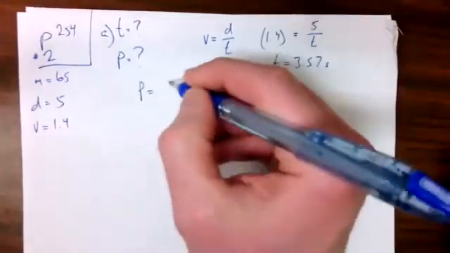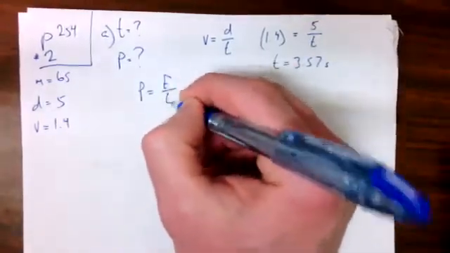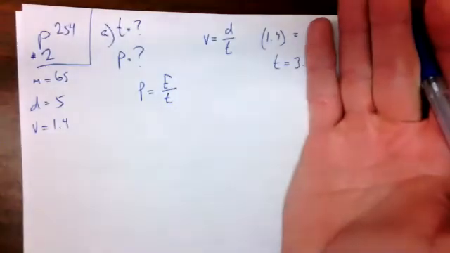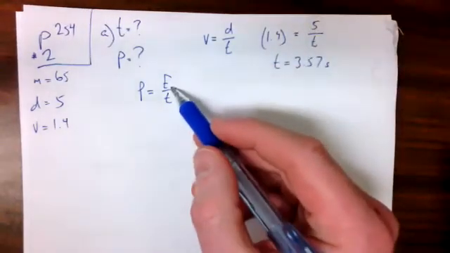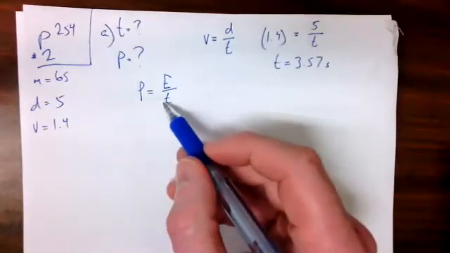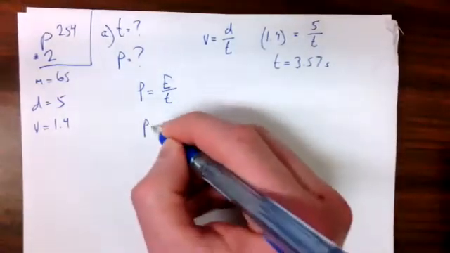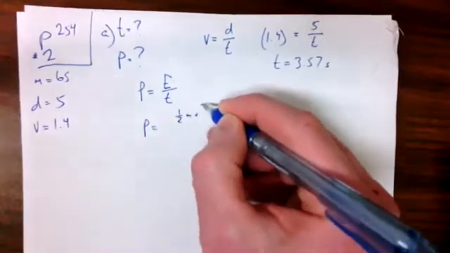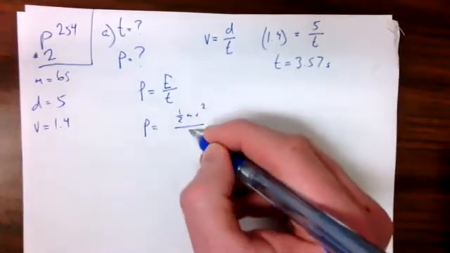Power equals, what is it, energy over time? Is that right? That's the easy formula. Yeah, okay. The energy in this case is going to be 1/2 mv squared, because it's kinetic, over time.